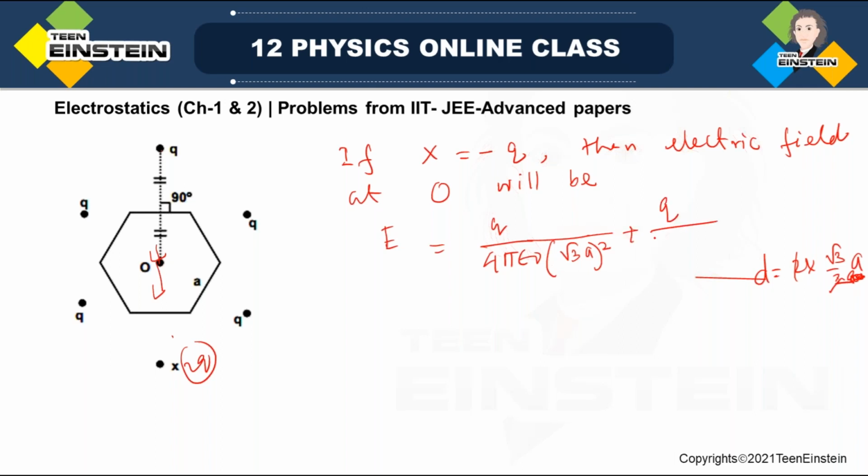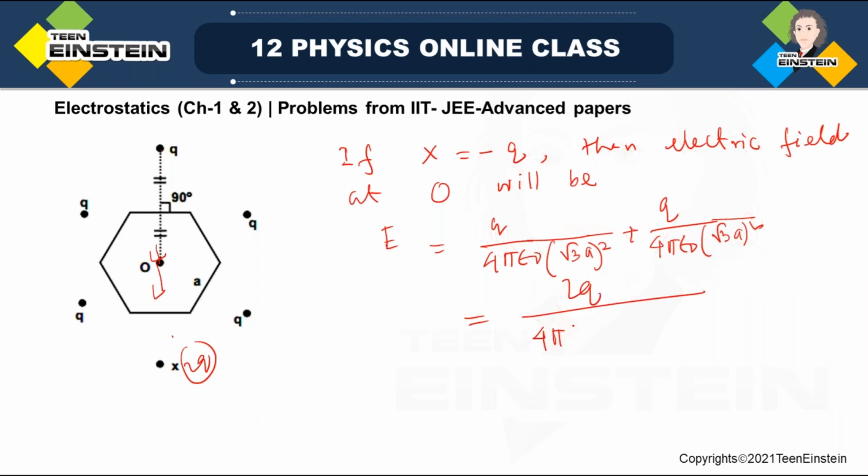Another charge: Q by 4 pi epsilon naught, and the same root 3 a whole squared. So if you just take 2Q, you will actually get 2Q by 4 pi epsilon naught, 3a squared.